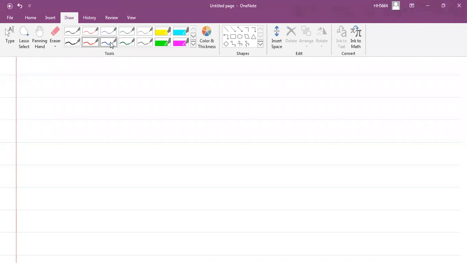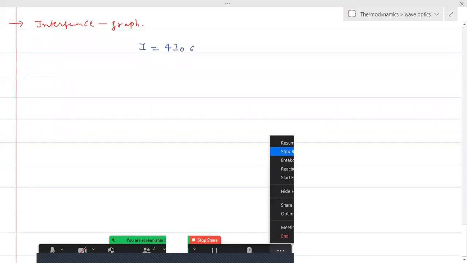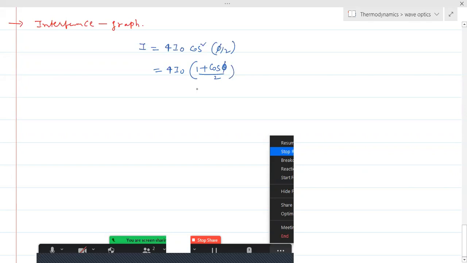Just now we have seen the intensity expression as I equivalent to 4 I naught into cos square phi by 2. So that is equivalent to 4 I naught into cos square theta equal to 1 plus cos 2 theta by 2. So 1 plus cos phi by 2, so that is equal to 2 I naught into 1 plus cos phi.